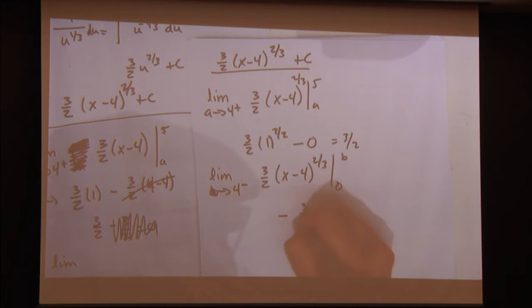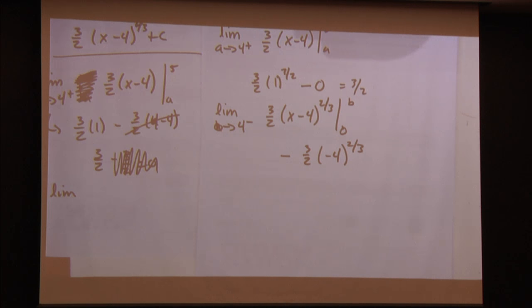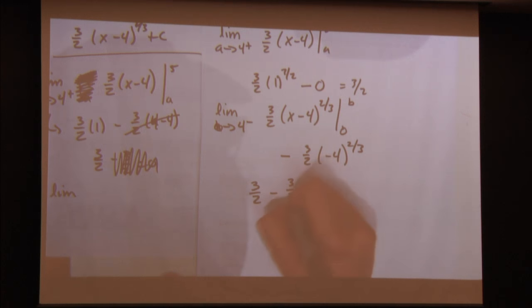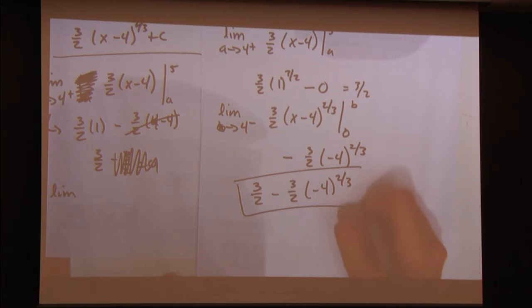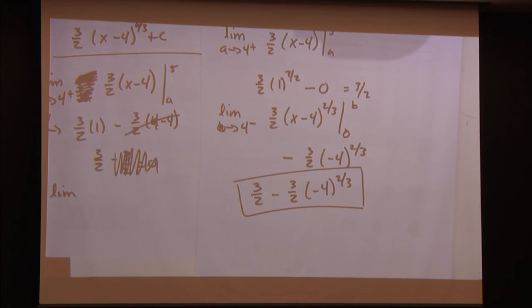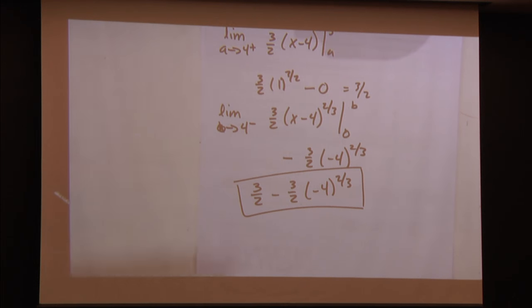Minus 3 over 2, negative 4, 2/3. I don't know what that is. So then it would be 3 over 2 minus 3 over 2, negative 4, 2/3. Agree? Okay. That was more horrible than it should have been.